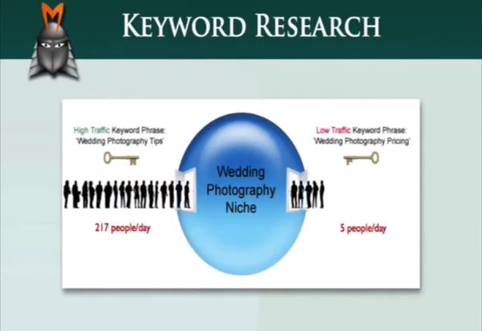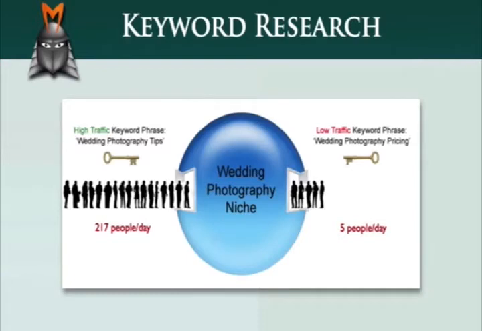The second important thing to note is that the number of people using each keyword phrase to explore a niche varies greatly. For example, on average, 217 people per day use the keyword phrase wedding photography tips to explore the wedding photography niche. In contrast, only 5 people used the phrase wedding photography pricing to access the niche.